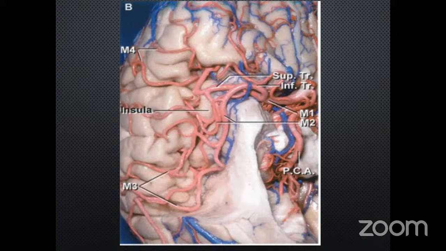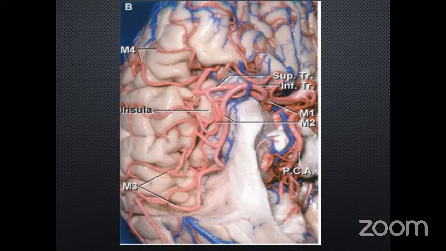So the M1 segment is from the origin till the bifurcation. Is that correct? Yes, sir. So it divides into superior and inferior trunks, or the frontal and the temporal trunk, as we call it as well, no? Yeah.